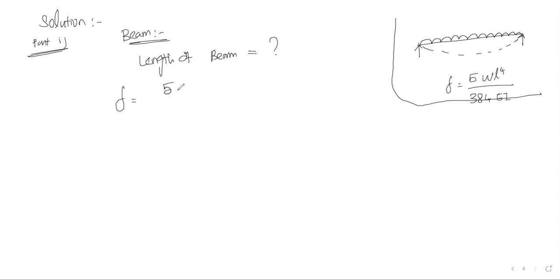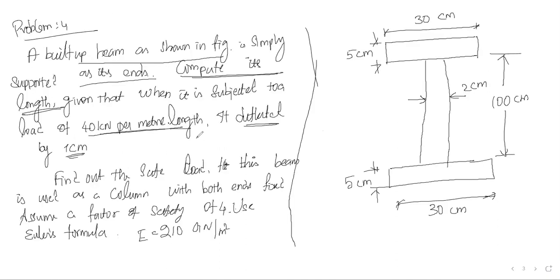So delta equals 5 W L power 4 divided by 384 E I. Delta they have given us as 1 centimeter, so I am going to change the centimeter into meter: 1 divided by 100, so 0.01 meter. W they have given us as 40 kilonewton per meter.